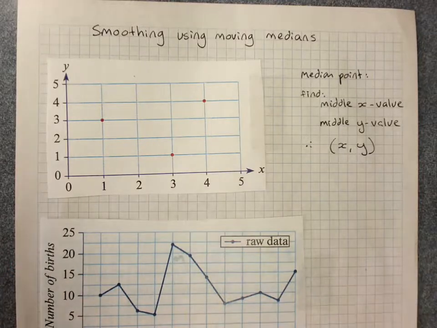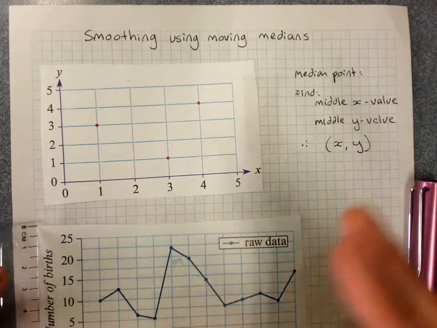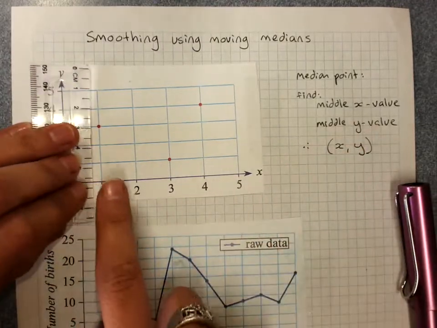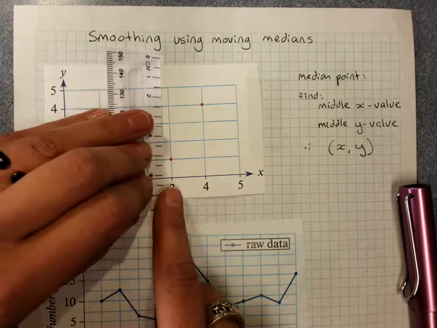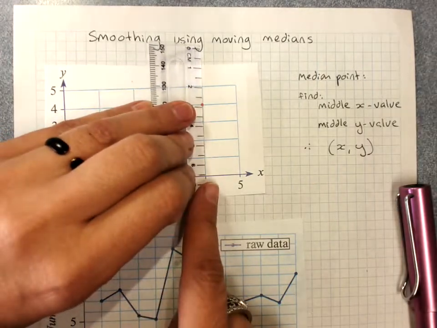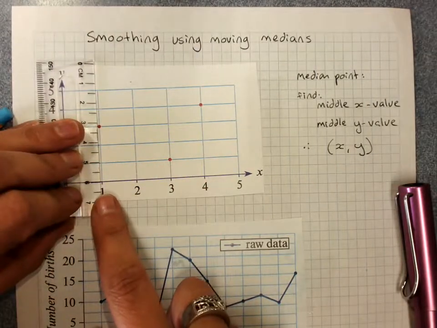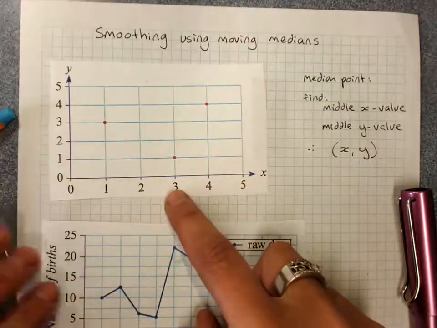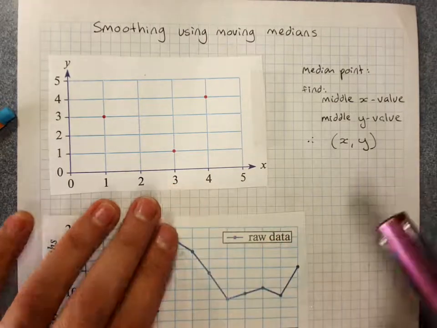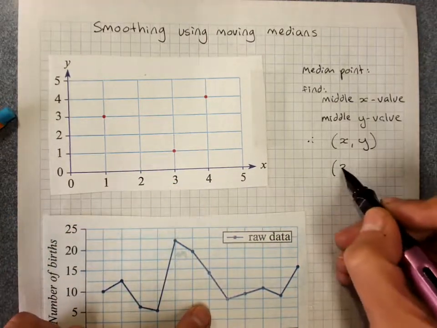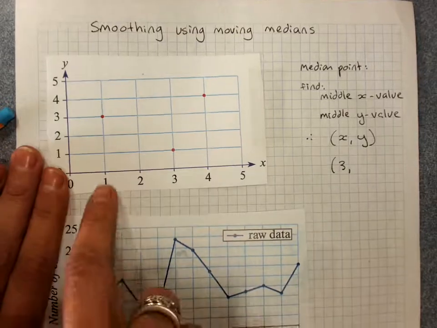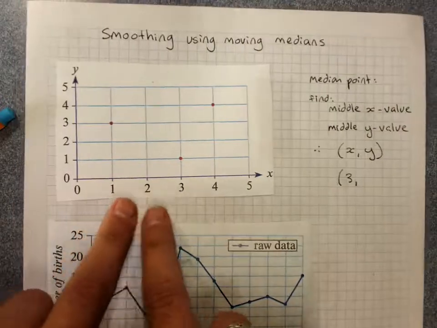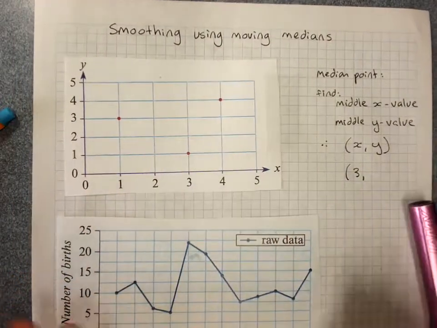It's a really good idea to do this with a ruler to support yourself in this. The middle x value here, 1, 3, 4 are our x values, reading down. So our middle x value is 3. We go across, from the bottom x value to the next, looking at the x values in order.